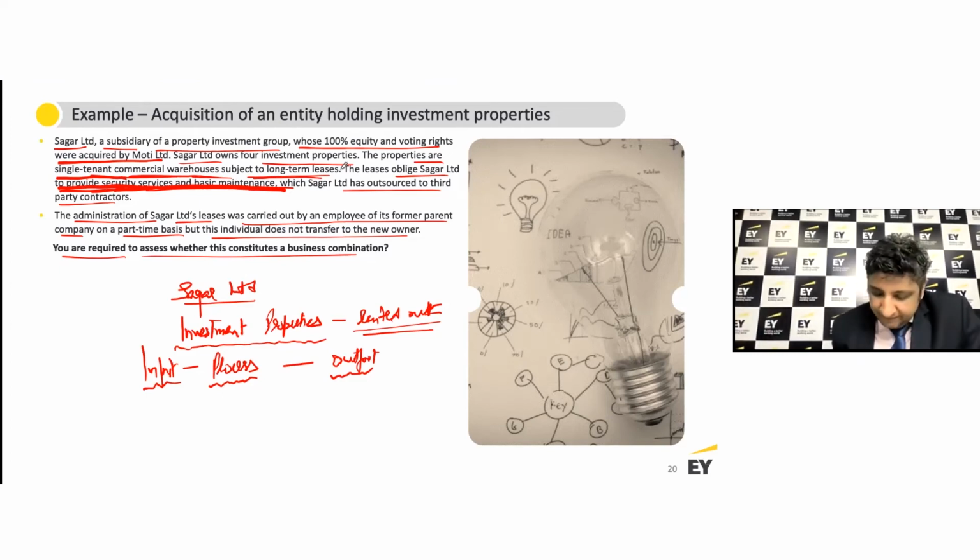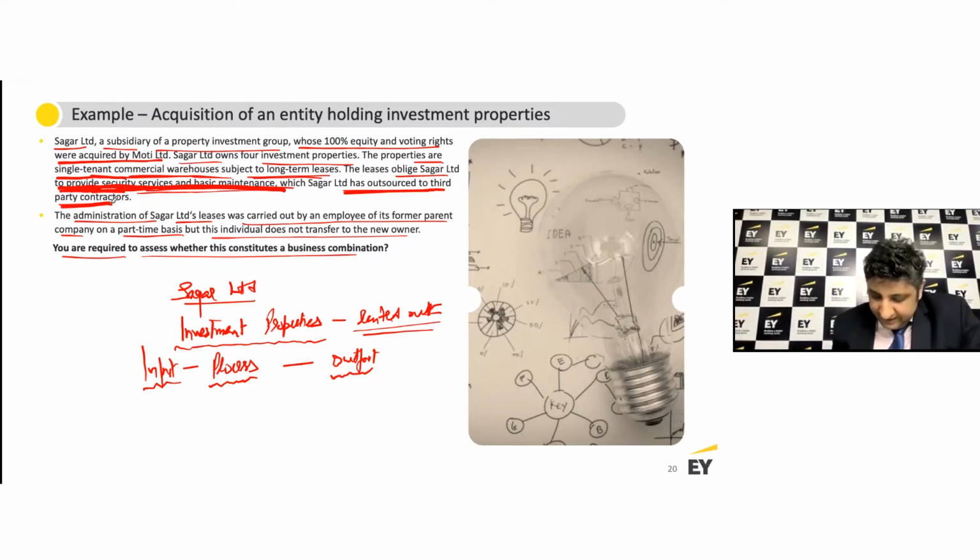And at the same time, you're talking about that, yes, there are some basic maintenance or security services. And even if there were some basic or bare minimum requirements of such security services or maintenance, even these are outsourced to a third party, right?